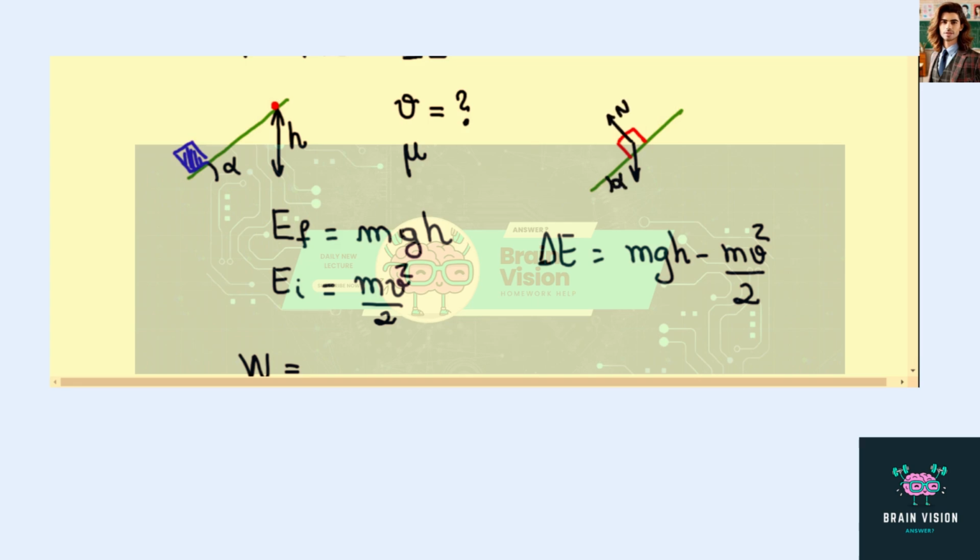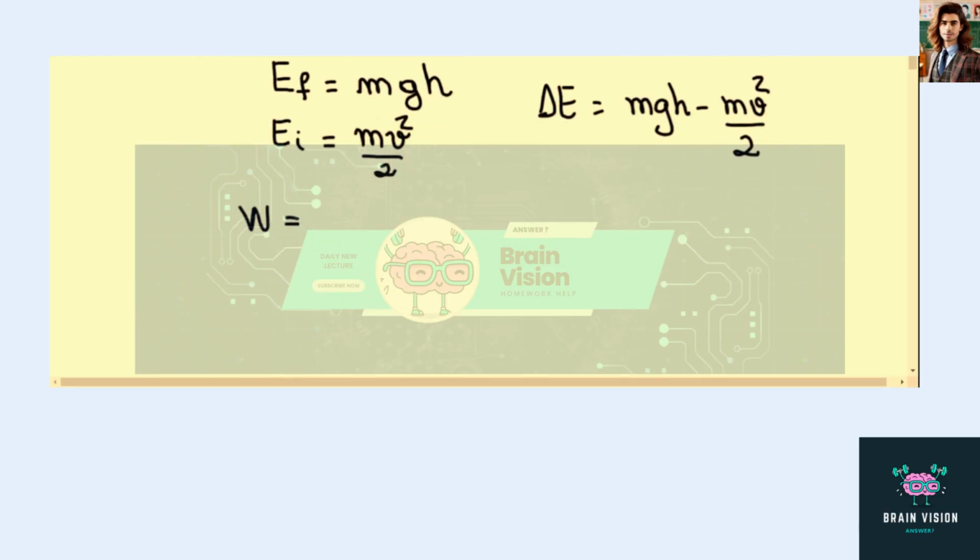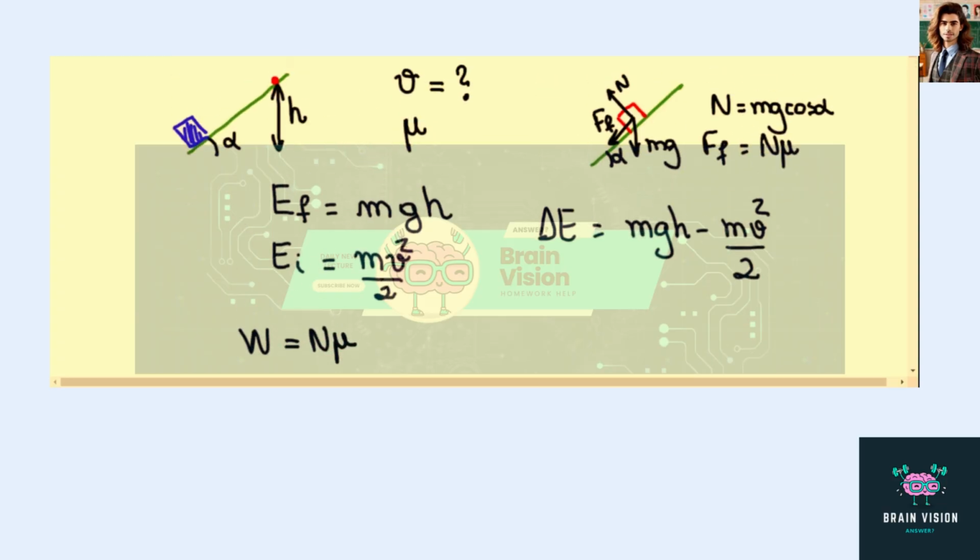Given that the slope is alpha, the normal force is equal to mg times cosine alpha. And also there is the friction force F, which is just the normal force times mu. Notice that the friction force is pointing downward, so there's a minus here.